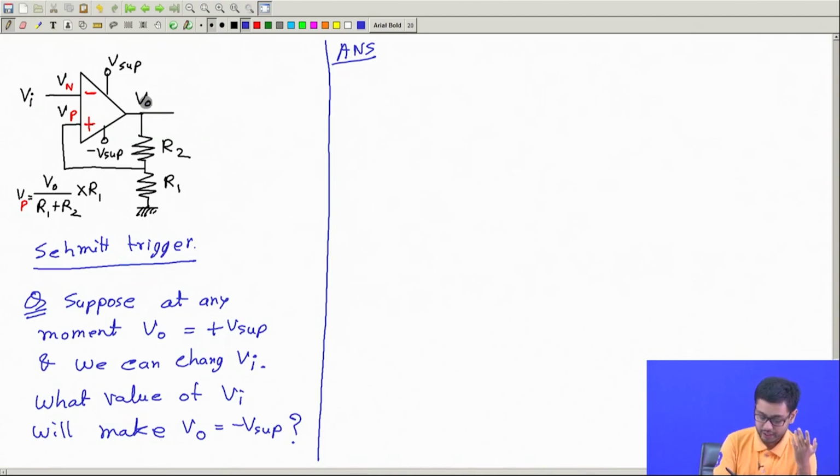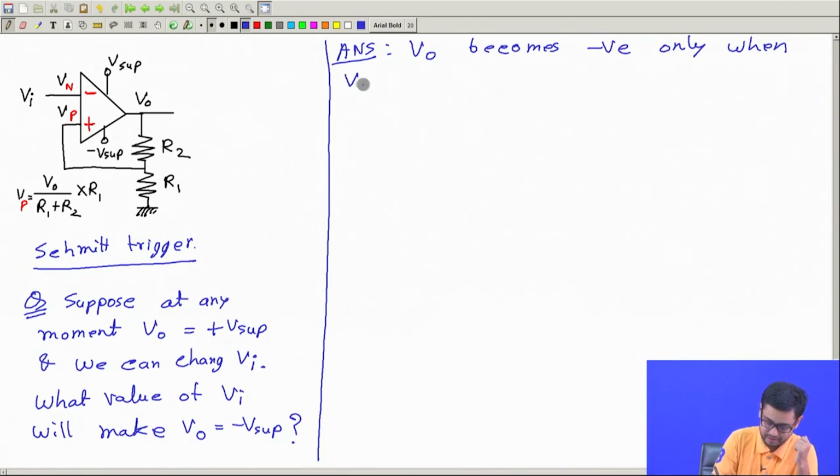It can be negative only if this value is higher than this value, right? So that means I have to increase Vi. Okay. So let's write VO becomes negative only when Vn, which is same as Vi in this circuit, is greater than Vp.